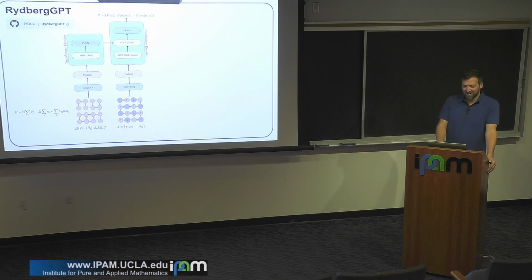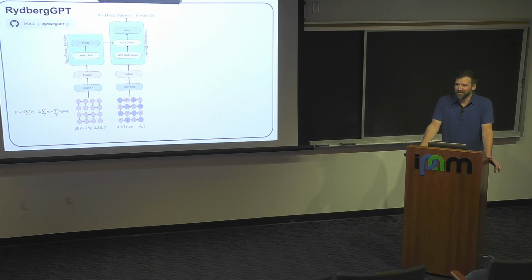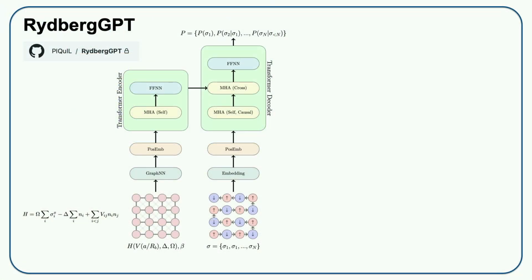Just last slide, to bring things back to language models. The natural evolution of what we're doing looks something like this. This is a model we're training, and sorry, I have it on a private repo, so I can't give it to you yet, but we call it Rydberg GPT. This is the classic encoder-decoder transformer model. The prompt is the Hamiltonian, with all the interactions, Vij.